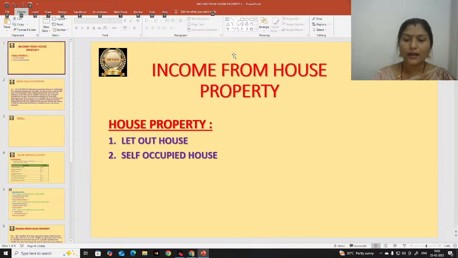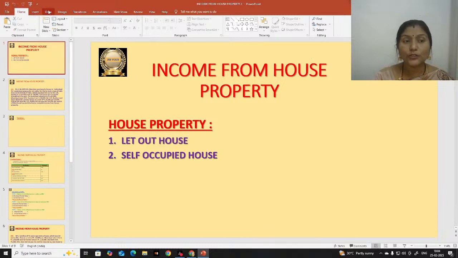Whenever we want to calculate income from house property of any assessee, we should calculate as per the Indian Income Tax Act 1961. First of all, according to our Indian Income Tax Act, house property is divided into 2 houses. One is let out house and the second one is self-occupied house.